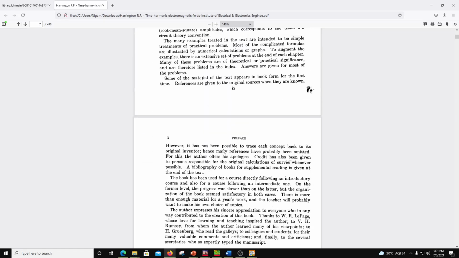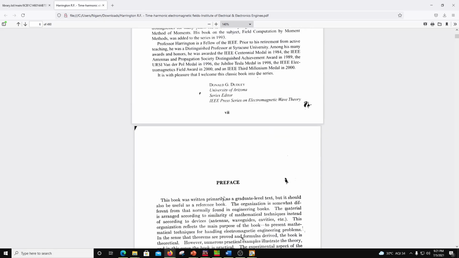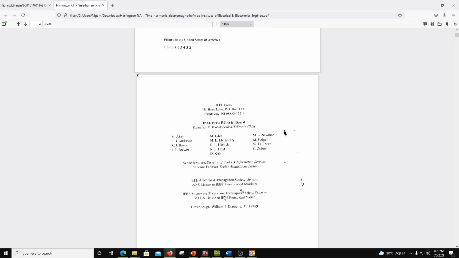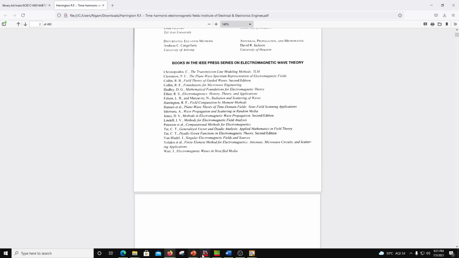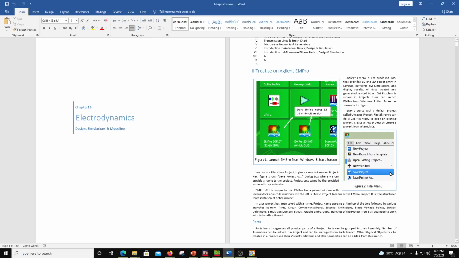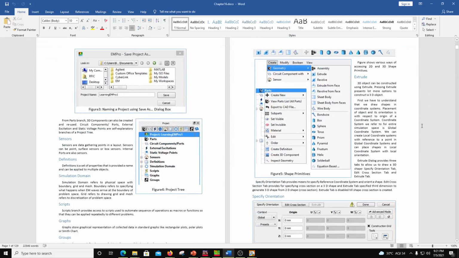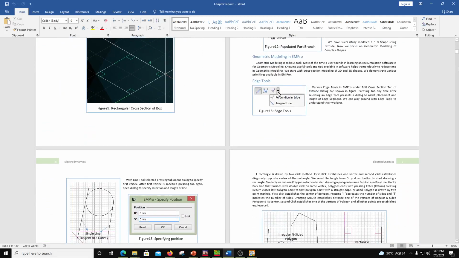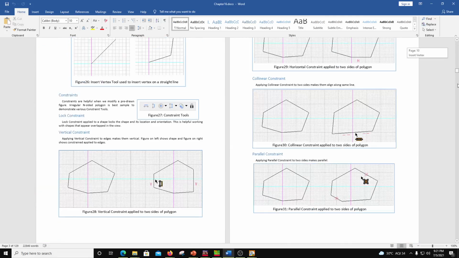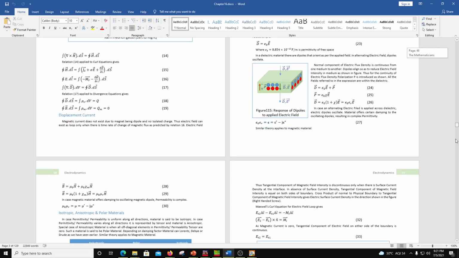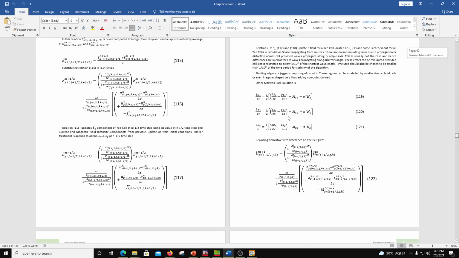Then my work also starts with a person called Yee. In 1966 he gave the Yee cell. Let me show you a Yee cell, and later we will go through this document, so don't worry about it.